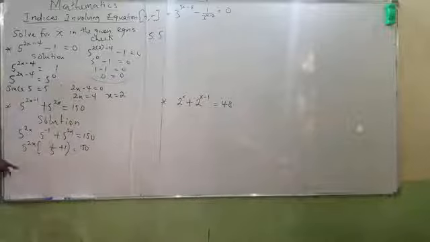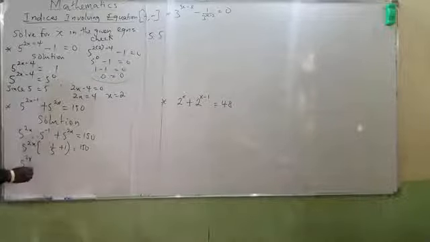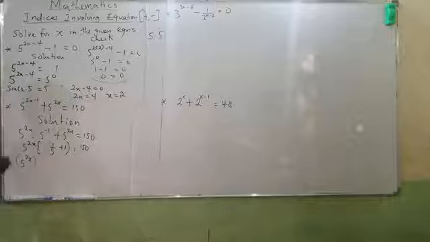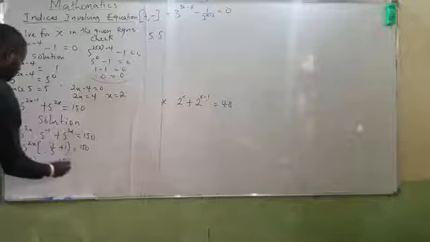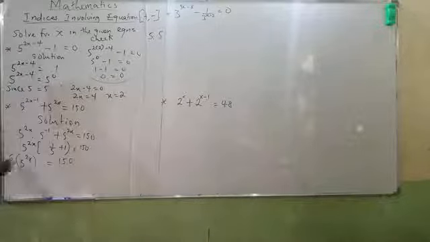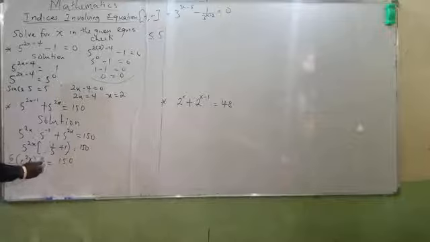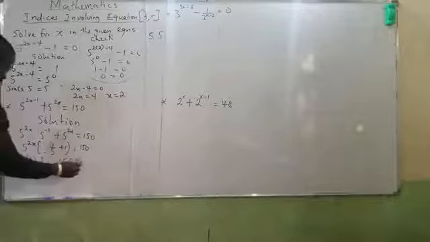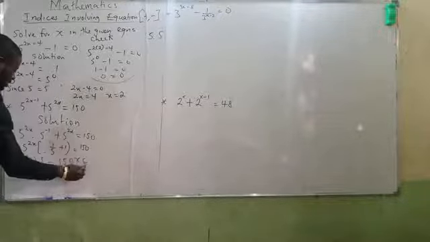This will be 5 raised to power 2x multiplied by bracket of 6 all over 5 equals to 150. Multiply both sides by 5 all over 6.